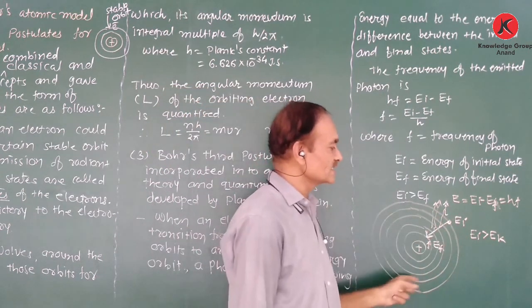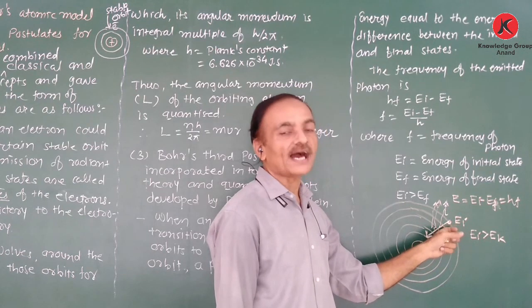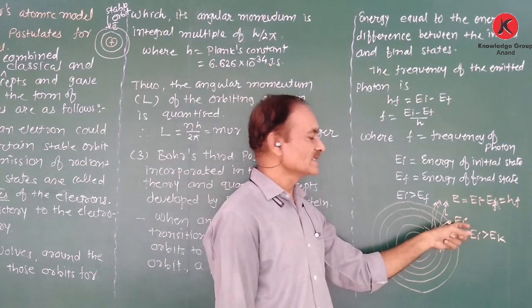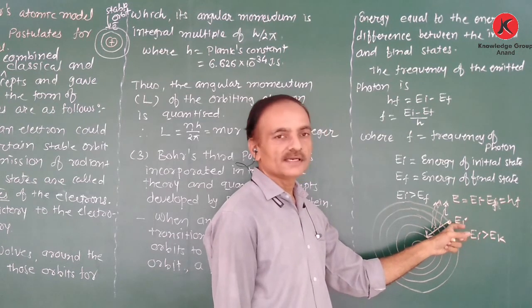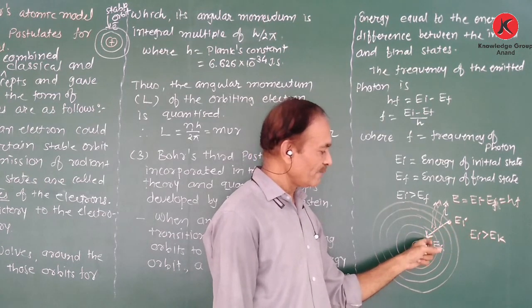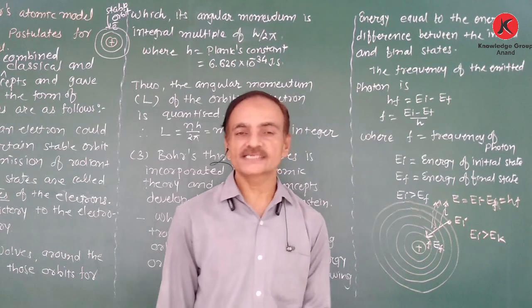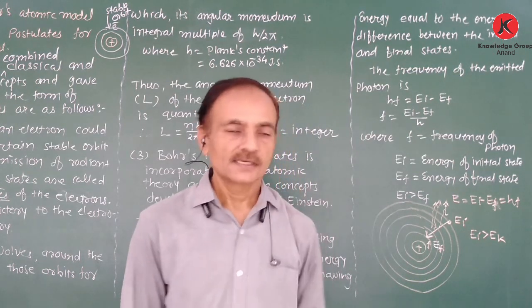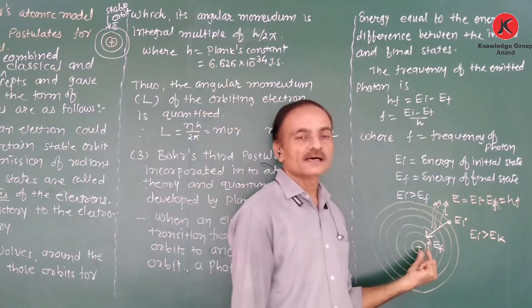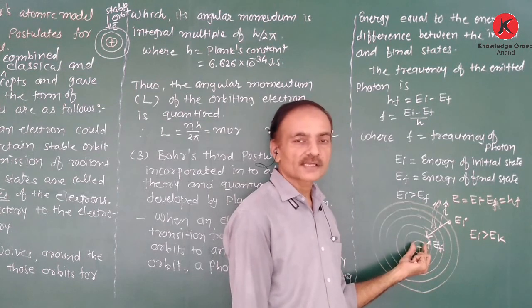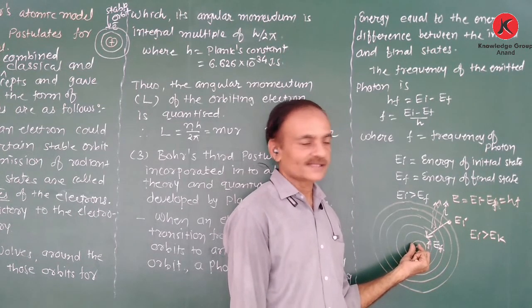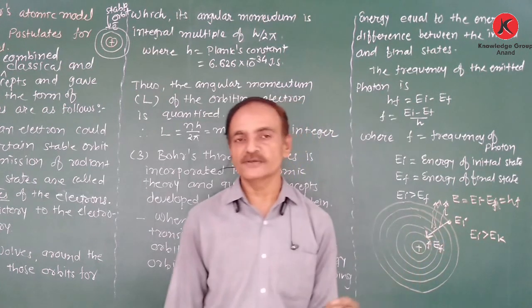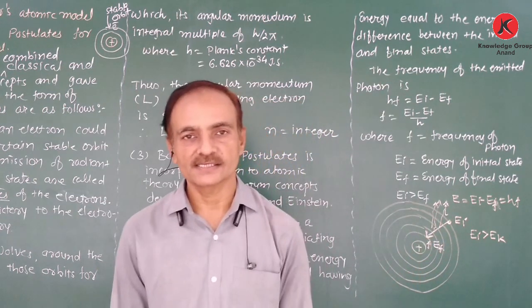Initially the electron evolves in the ith orbit, having energy Ei. It makes the transition from the ith orbit to the f orbit. The f orbit is close to the nucleus. The energy of the electron in a close orbit is less, and an orbit far from the nucleus has high energy.